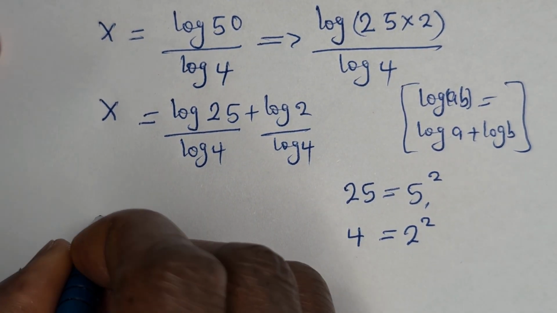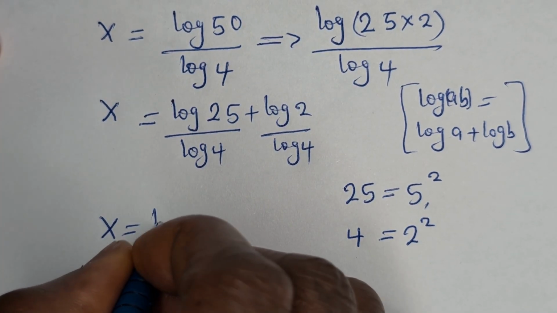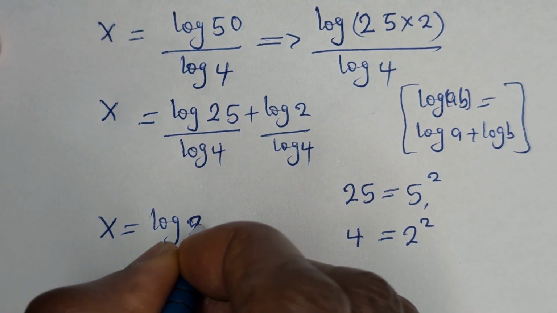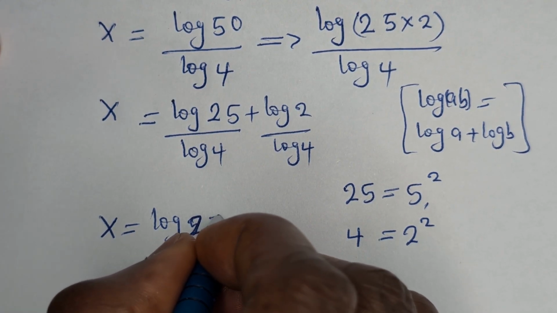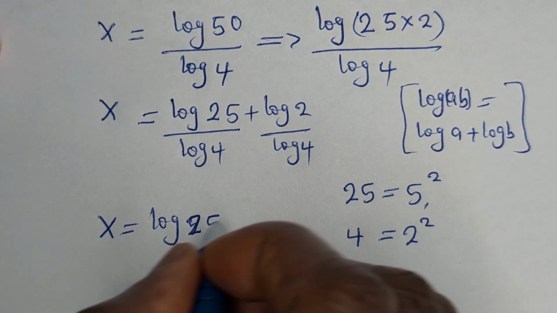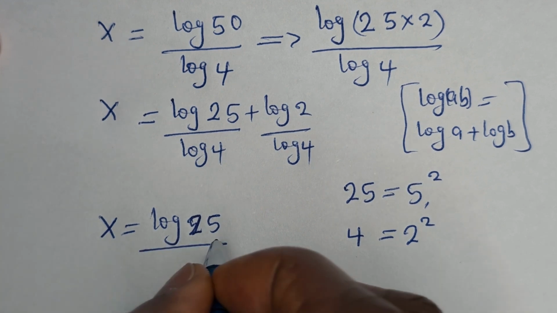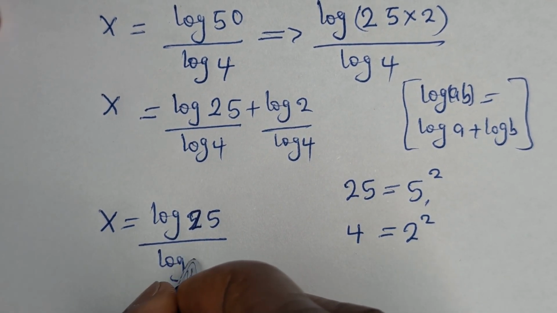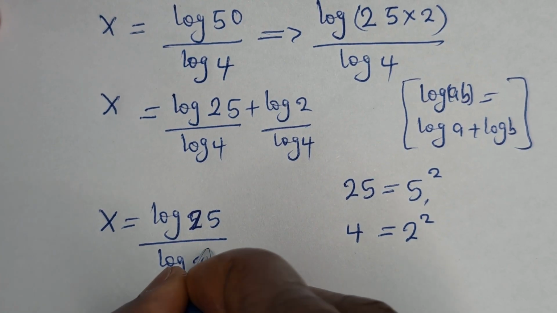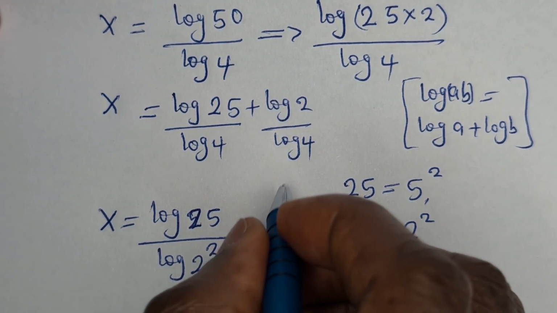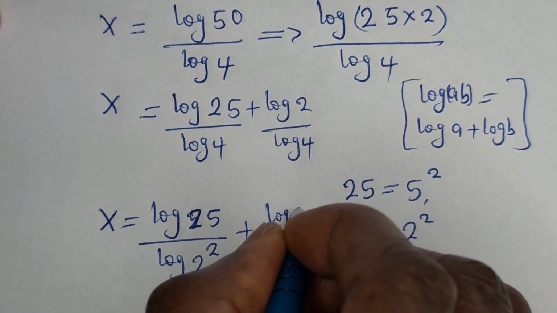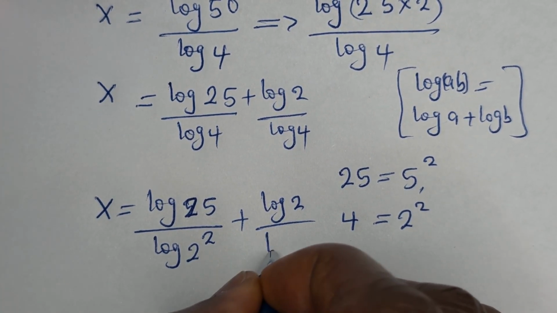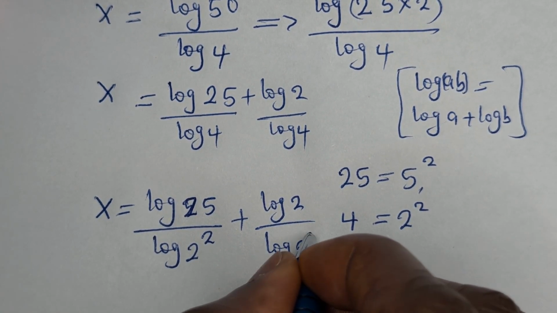Here we have x is equal to log 25 over log 4, which is 2 square, plus log 2 over log 4, which is log 2 square.